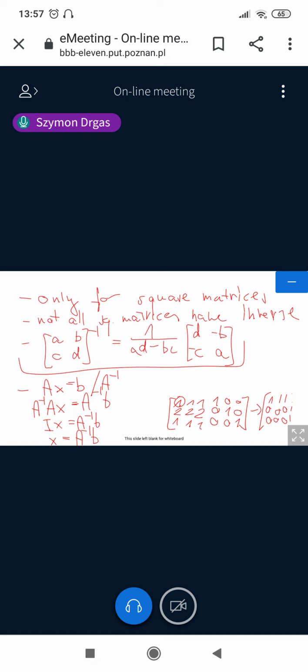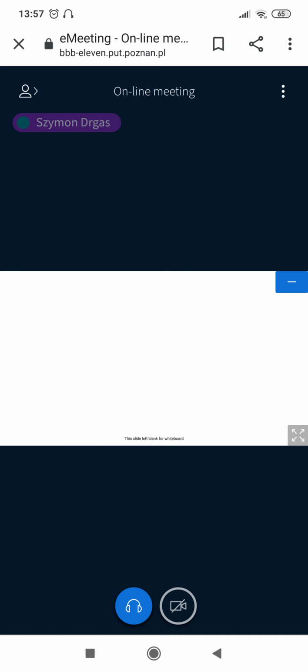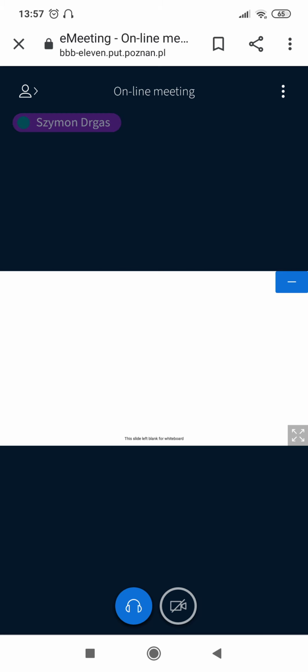It's about LU decomposition. First, we can start with task number 1.